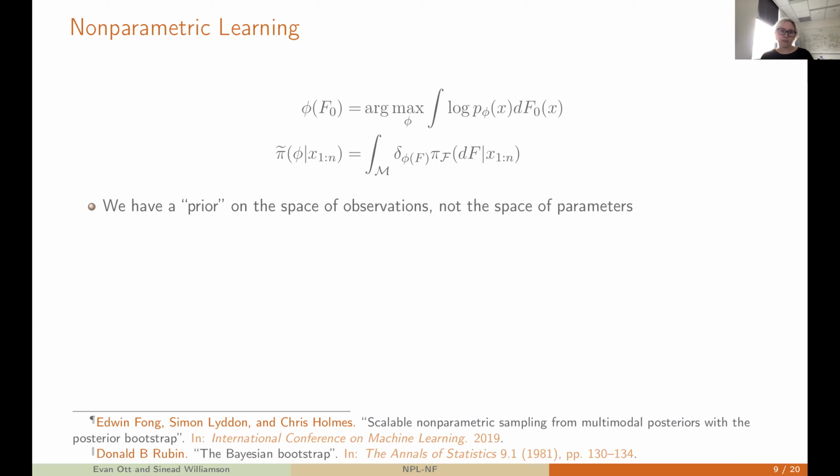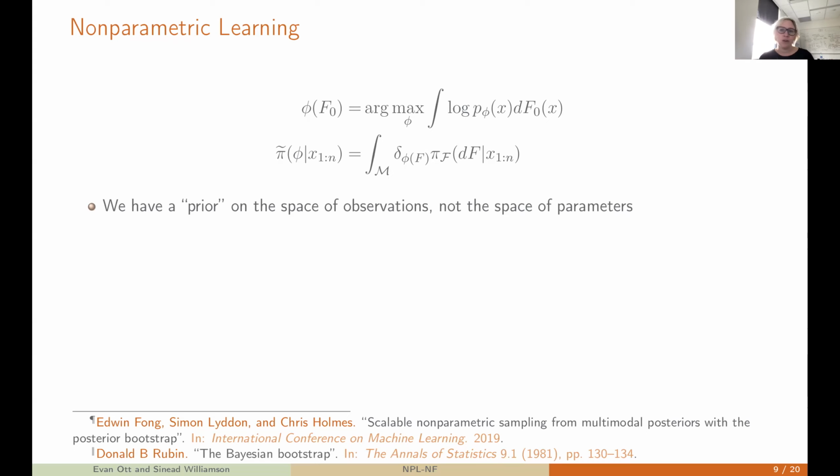So first off, one of our problems was we don't really know how to put a prior on the space of weights of a neural network. But here we've got something like a prior, some sort of distribution, this pi sub f, on the space of all of those observations we haven't seen yet.